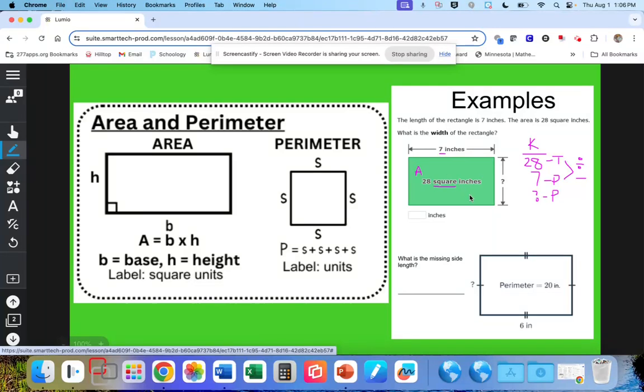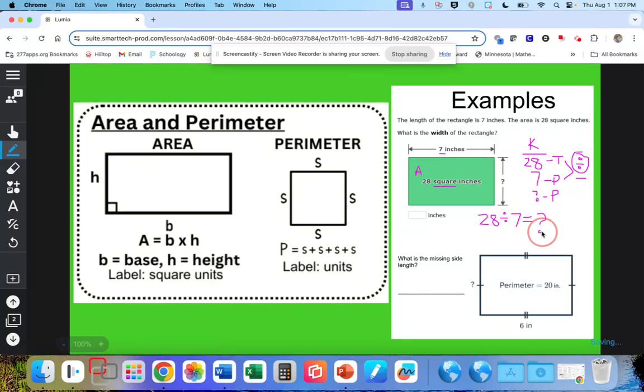So if we used multiplication to get to the area, we're going to use division to get to a missing side length. So our equation is going to be 28 divided by 7 to get us what our missing amount is. And we find out that our missing amount is 4. And because it's only one of the side lengths, the label will be just inches.